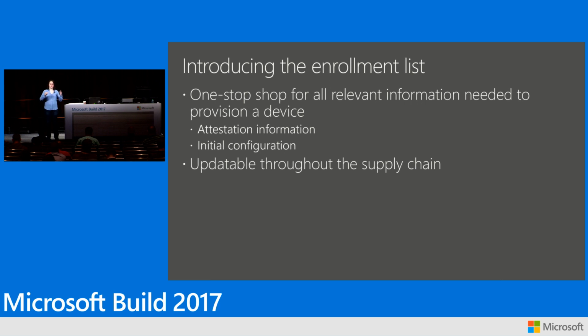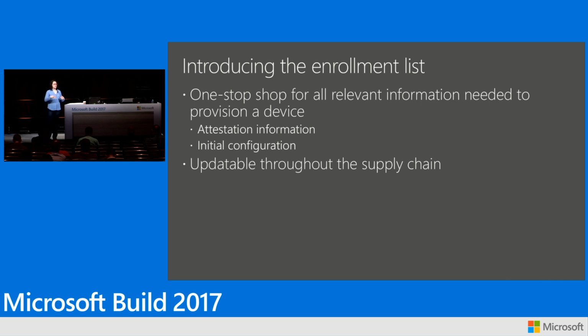So if I want every single toaster I sell to have the same configuration, I can have a group enrollment for all my toasters. And as long as I use the same sort of identity attestation, for example, if the certificate that device presents to the DPS is signed with the same root cert, awesome, great. We will allow that through the enrollment list. One of the other great things about the enrollment list is that all the configuration updates that happen throughout the supply chain process of the device getting produced don't involve touching the device anymore.